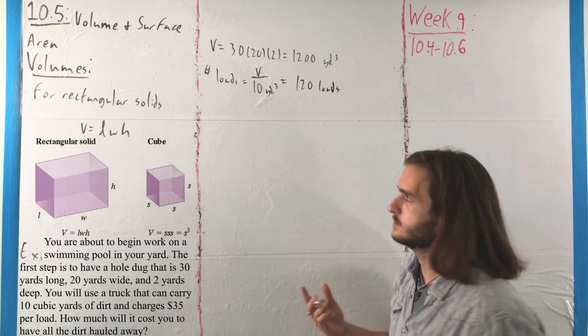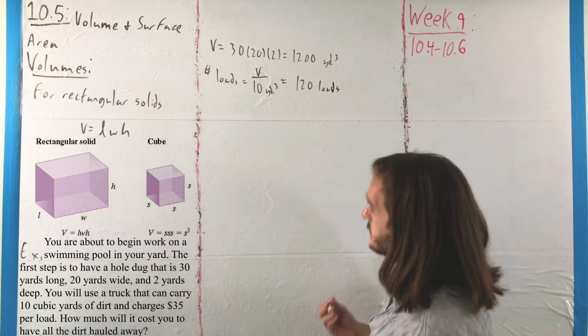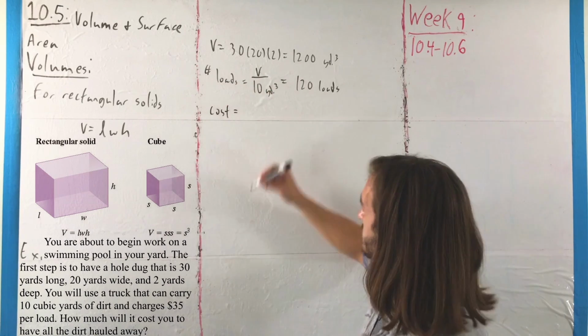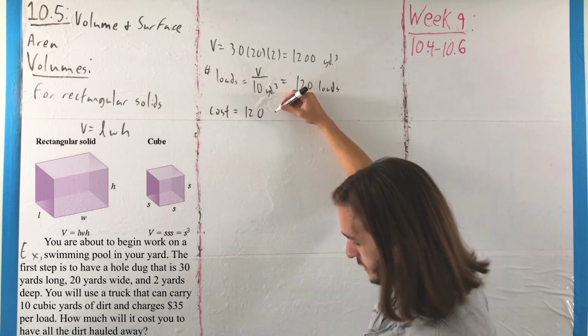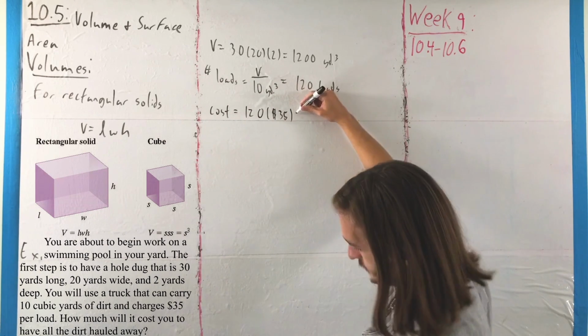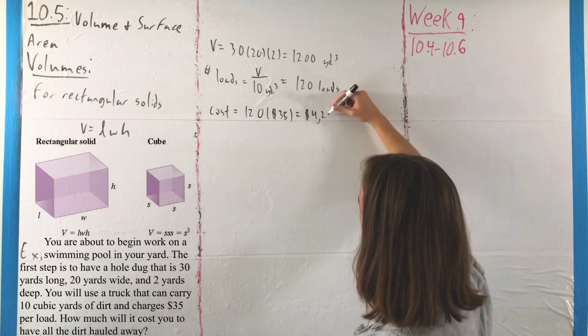It's not so complex. Then finally, to finish this off, we need to see how much this is going to cost. So the cost in this case is going to be the number of loads, 120, times the cost per load, which is $35, for a total price there of $4,200.